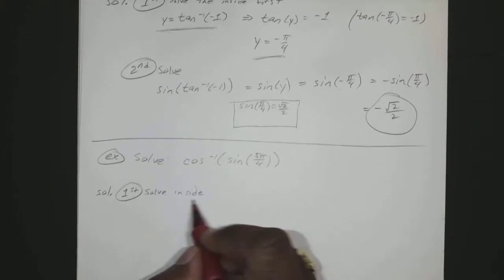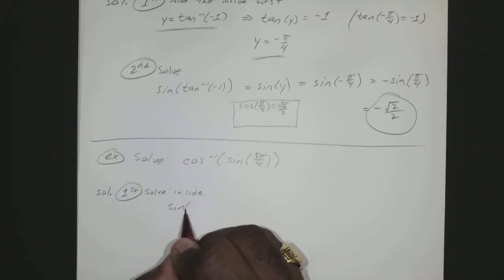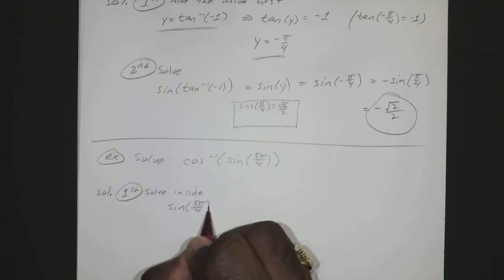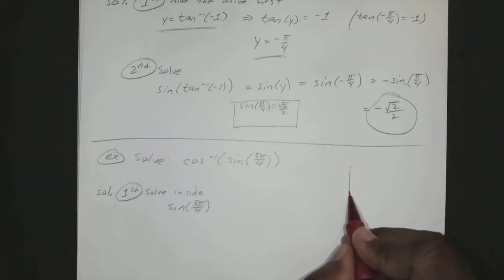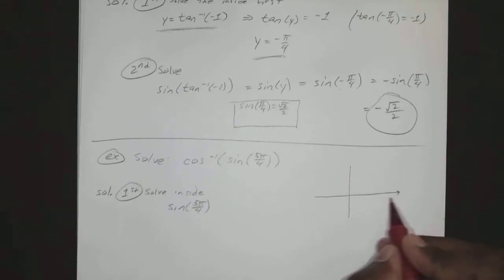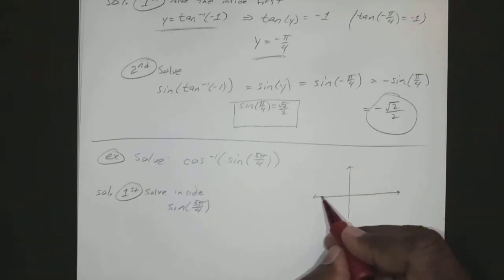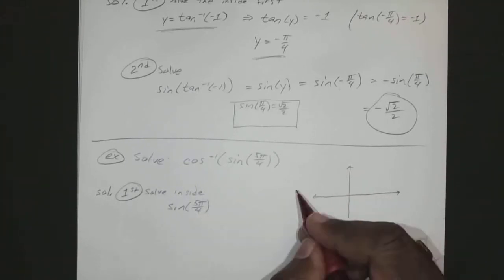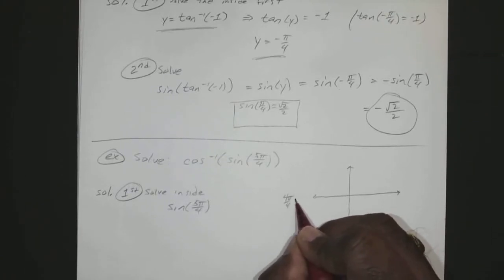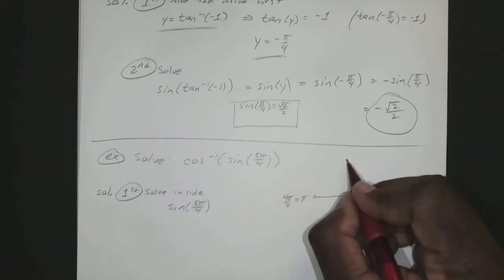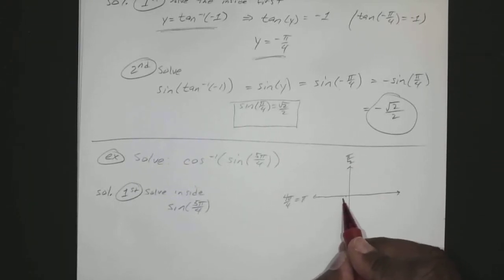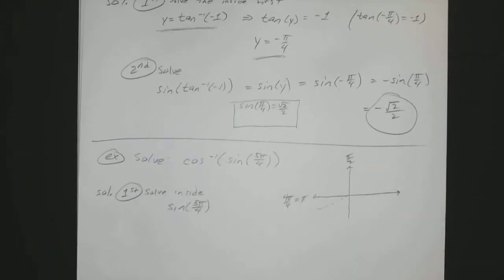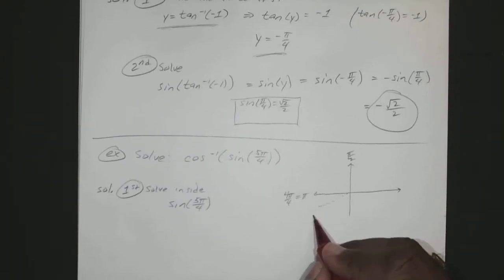So we have sine of 5 pi over 4. If you don't know it off the top of your head, you can always figure it out. If you graph it here, you know that 4 pi over 4 would equal pi. This is your pi over 2, and this is your pi. So 5 pi over 4 is somewhere in quadrant 3.